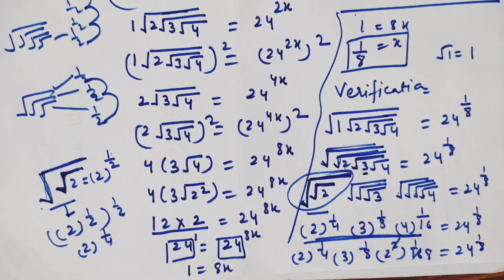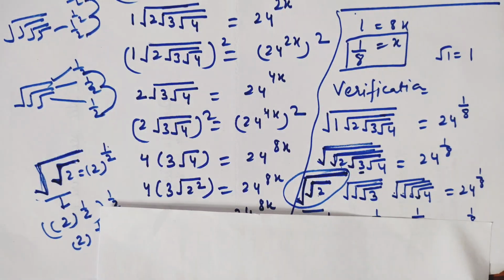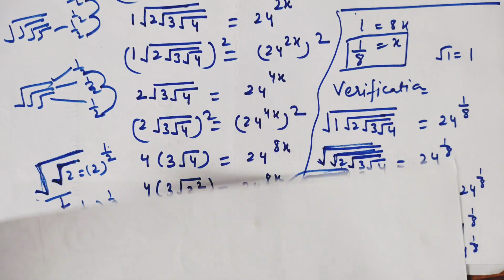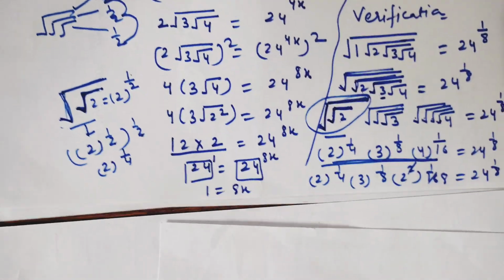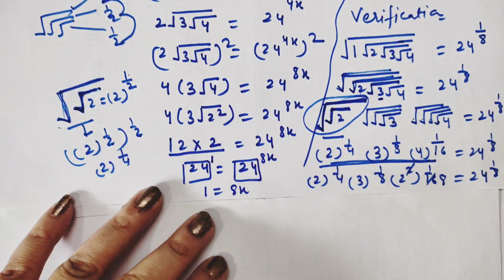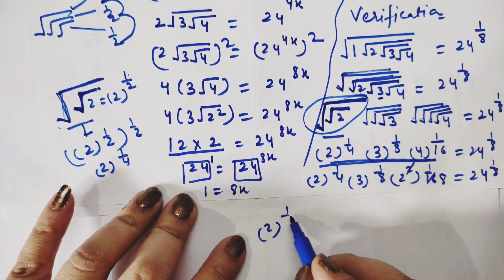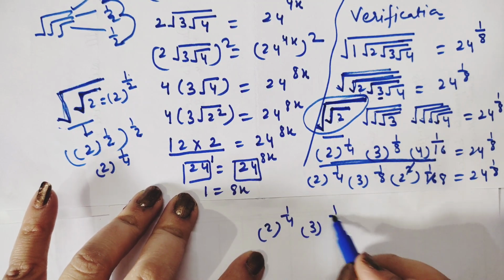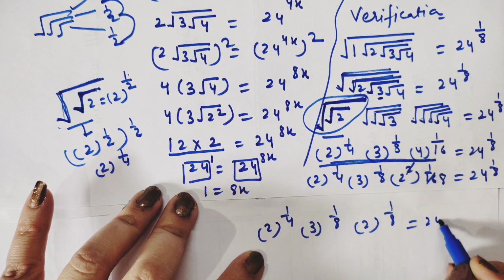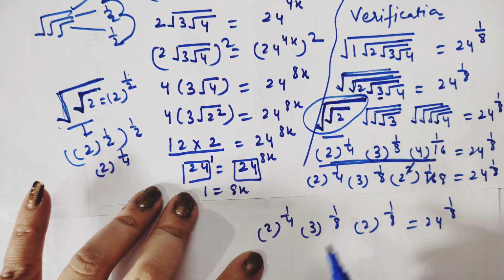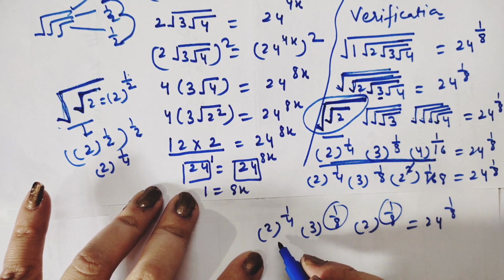After that, 2 power 1 by 4, 3 power 1 by 8 and here 2 power 1 by 8 equals 24 power 1 by 8. Now the powers are 1 by 8, 1 by 8 and 1 by 4.